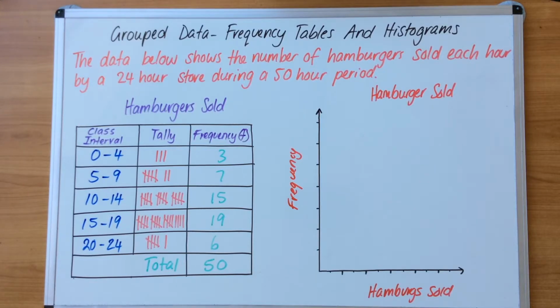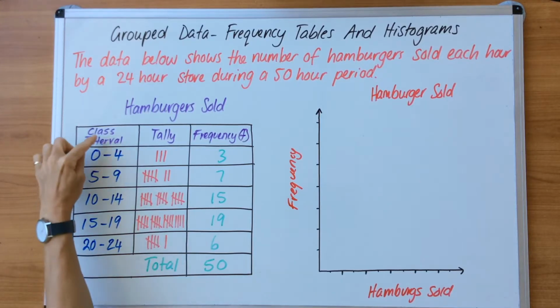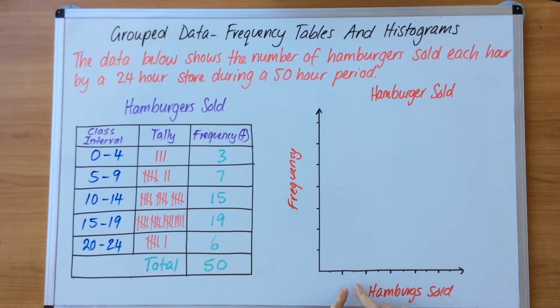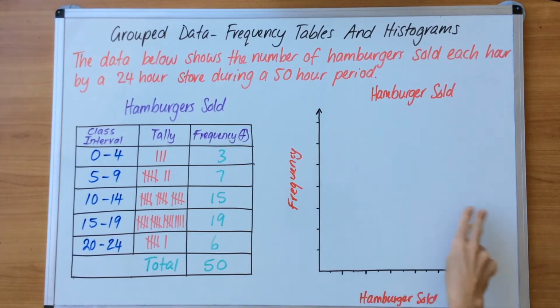If we look at the class intervals, those class intervals need to be displayed at the bottom here. Now I'm going to fit in the class intervals down along here. Remember, the bars that go into this histogram do not touch the y-axis. They will come half a bar off, and this long tab sits in the middle of that bar.